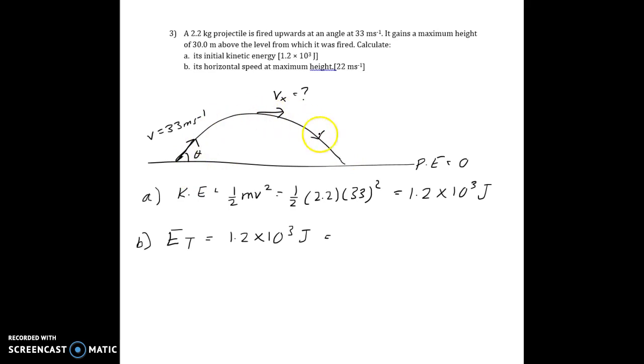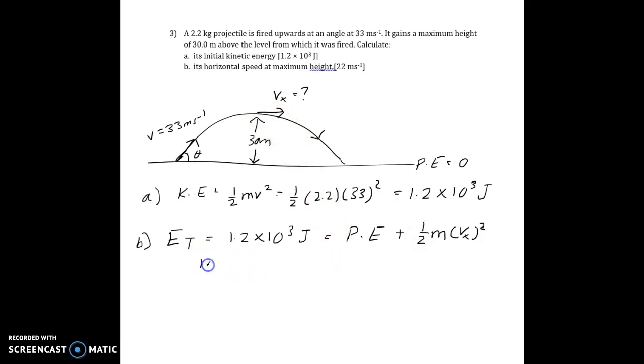So at the maximum height here, which is 30 meters above the ground, you do have potential energy, and at the same time, you do have kinetic energy. And in this case, the speed here is Vx. The Vy will be 0. The vertical speed is 0, because at maximum height, remember, the vertical speed will always be 0.